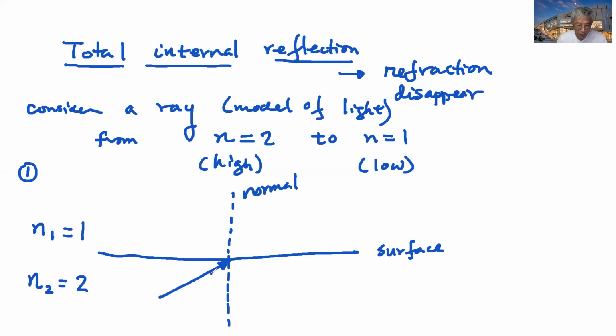Let's say this angle here is something. Then we know that this is going from 2 to 1, so it will become wider. So this is high to low, and this one would be away from the normal. I'll make that theta 2 too big, so let me get back.